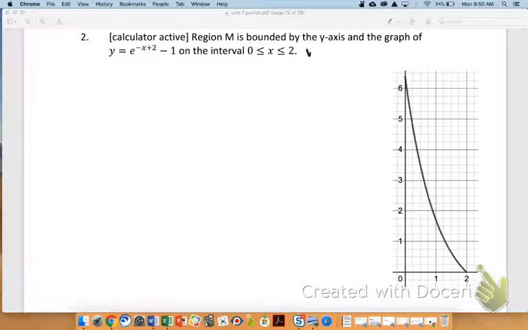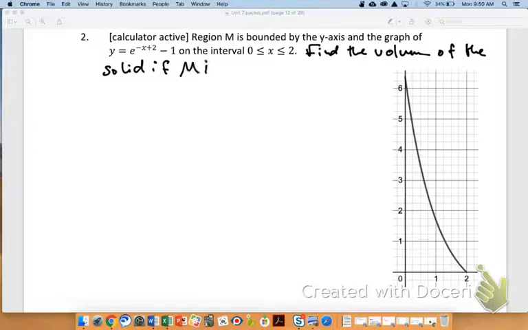It'd be something like: find the volume of the solid if region M is revolved around the y-axis.